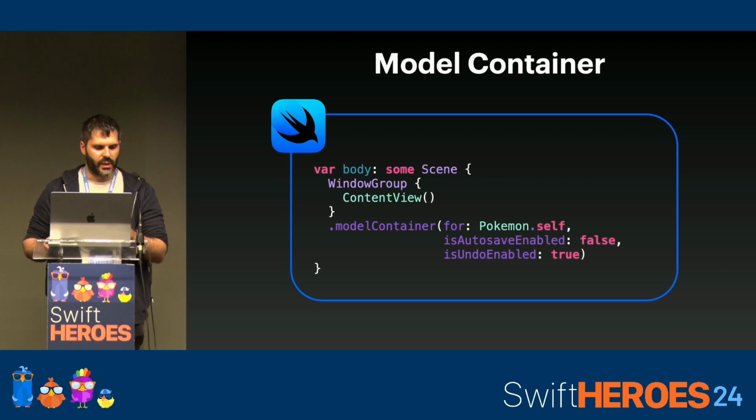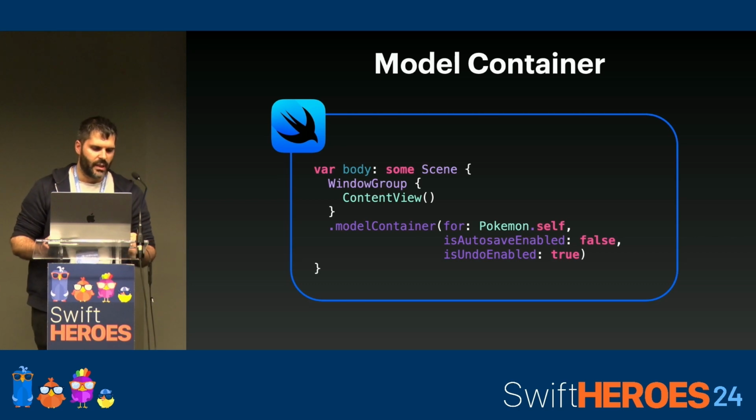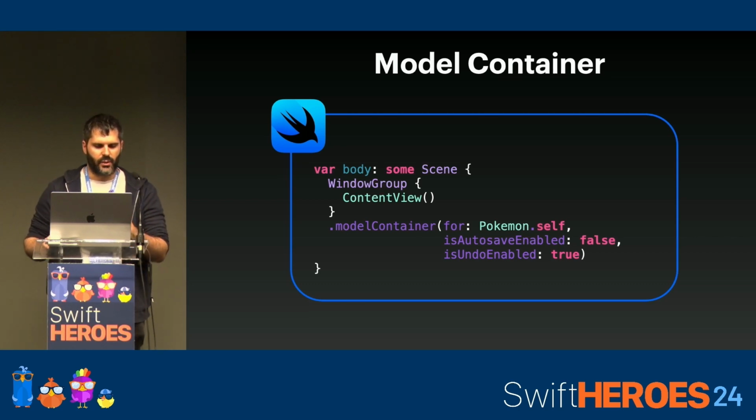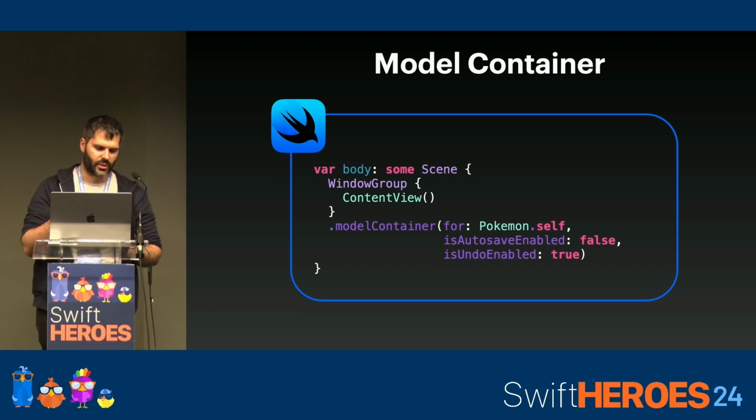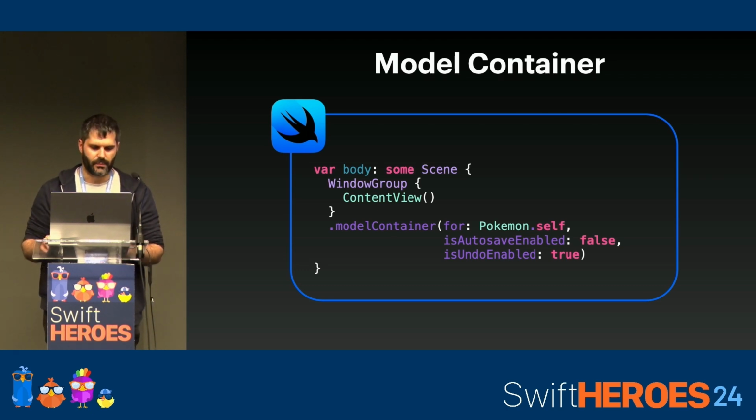Okay, actually, we have 2 more parameters for the view modifier. They are is autosave enabled. By default, this parameter is true. So during the life cycle of your application, every change you make on your models will be saved by the model container by default.